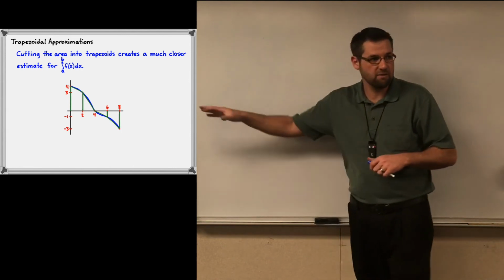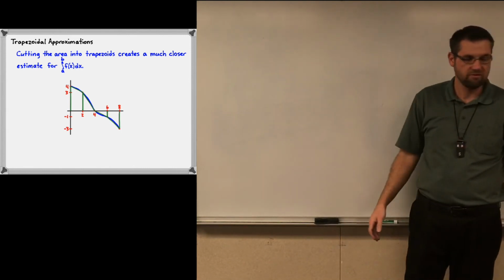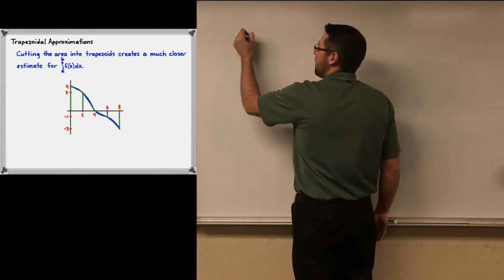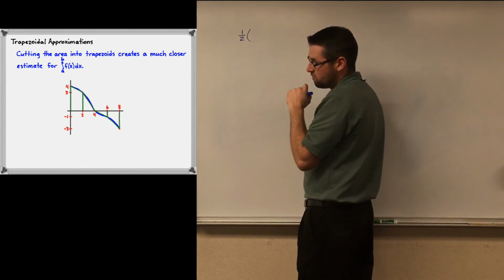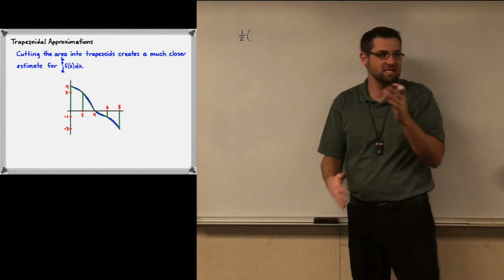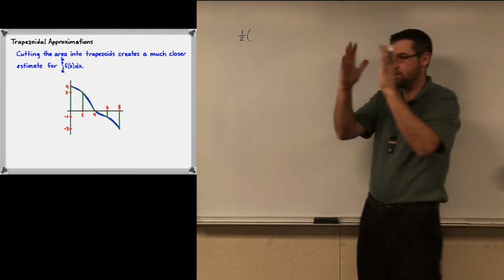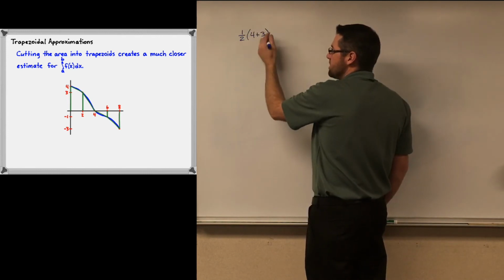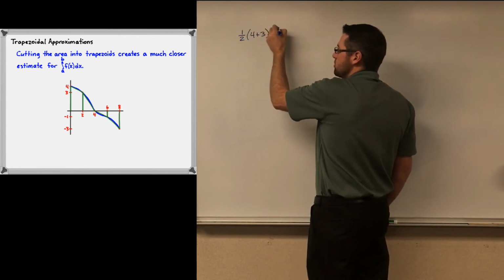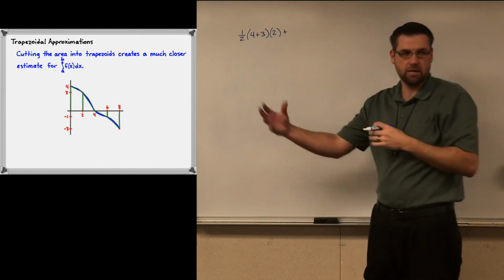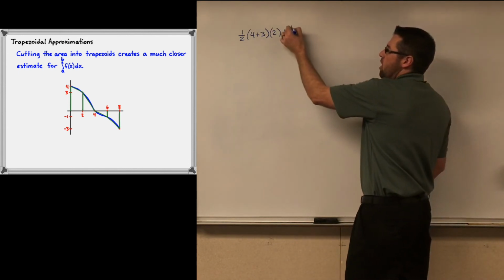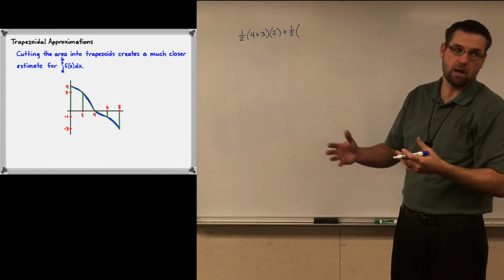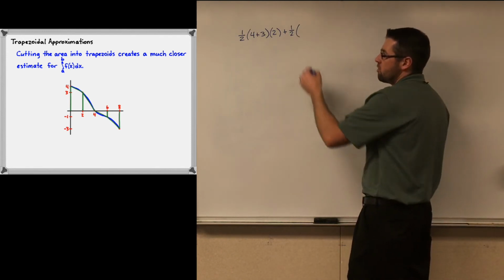How many pieces do I have? How many subintervals? 4. The area of the first subinterval would be 1/2 of, what's base 1? Remember the bases in this case are standing on end, right? 4. 1/2 (4 plus 3) times what? 2. Plus, that's just the first rectangle. Plus 1/2 of, what's the second rectangle's height? Or sorry, trapezoid. 3.